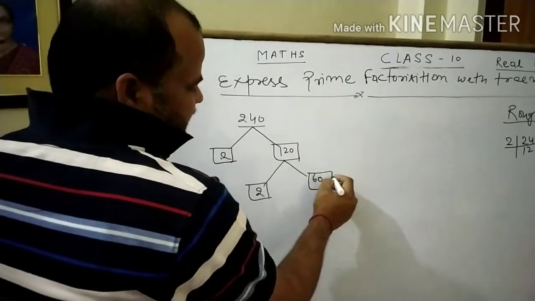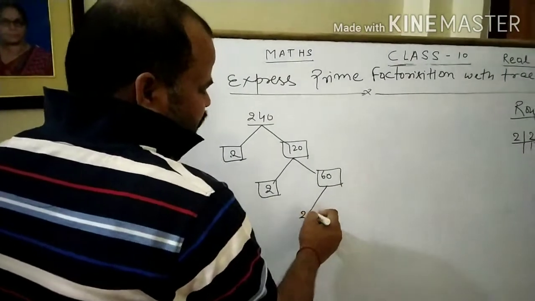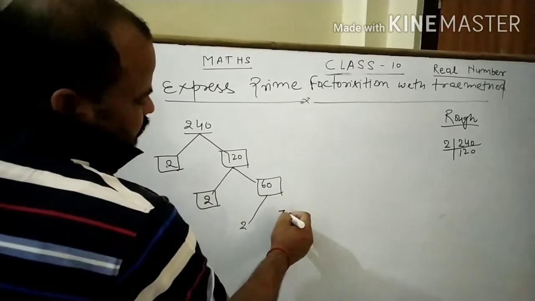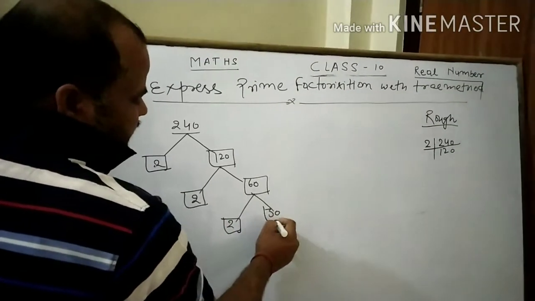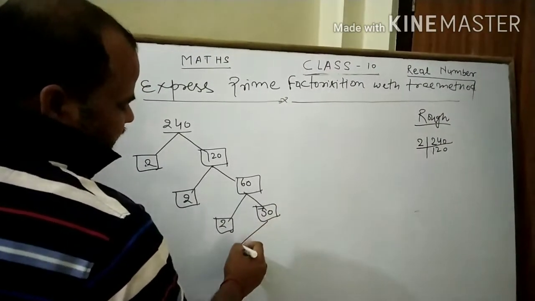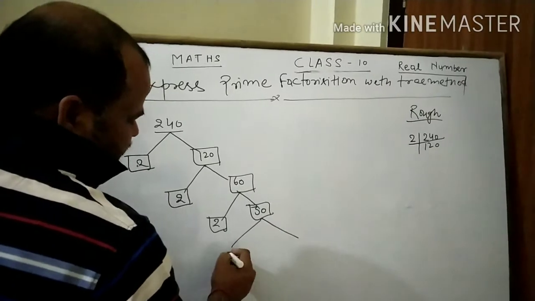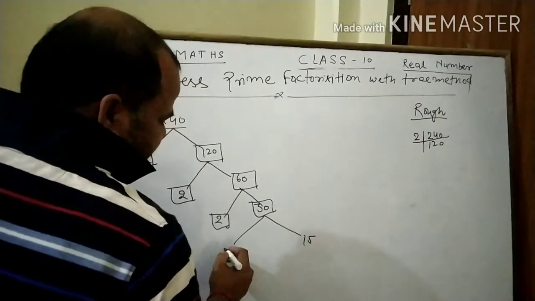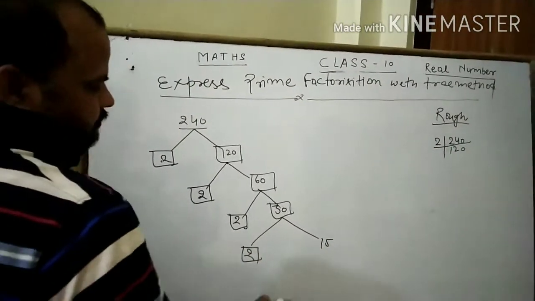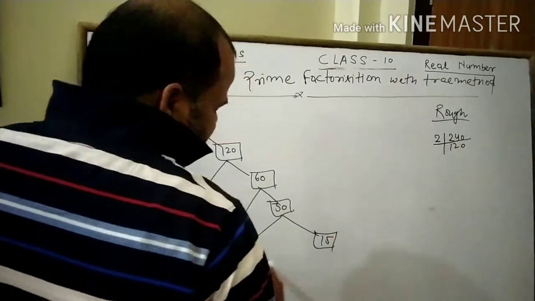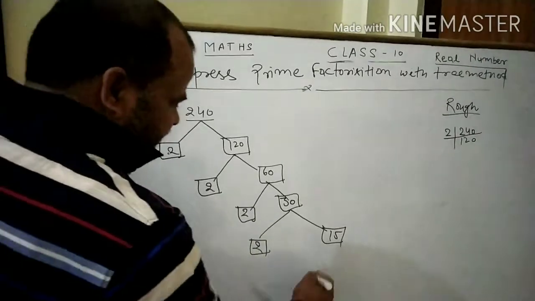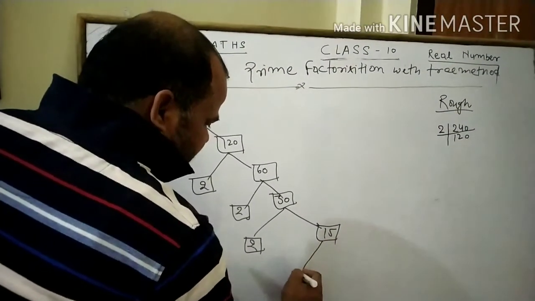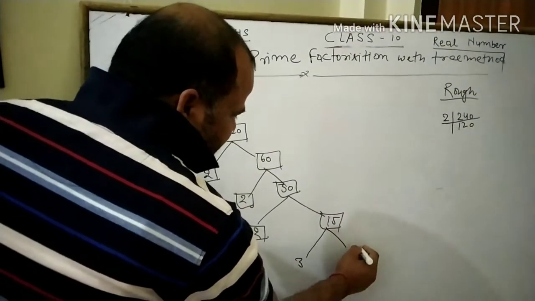Then 60 is 2 into 30, then 2 into 15, where 15 is composite. In the same way it is 3 and 5.